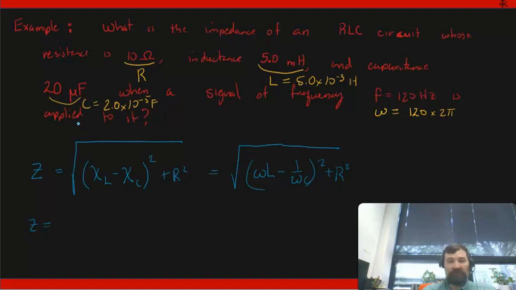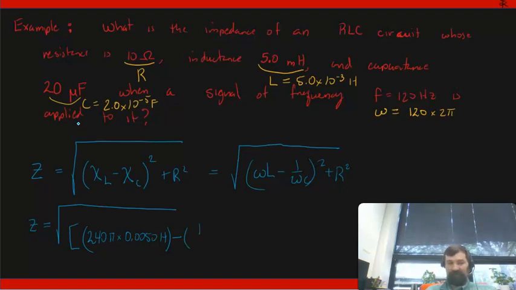So Z, the impedance, should look like the square root of, and our first term is basically omega times L. So we're looking at basically 240 pi times 0.005 henry minus the capacitive reactance.